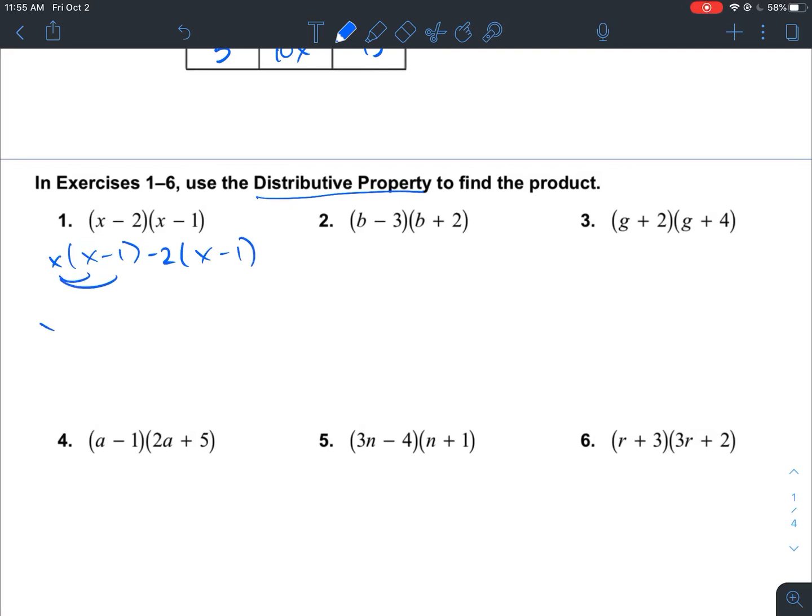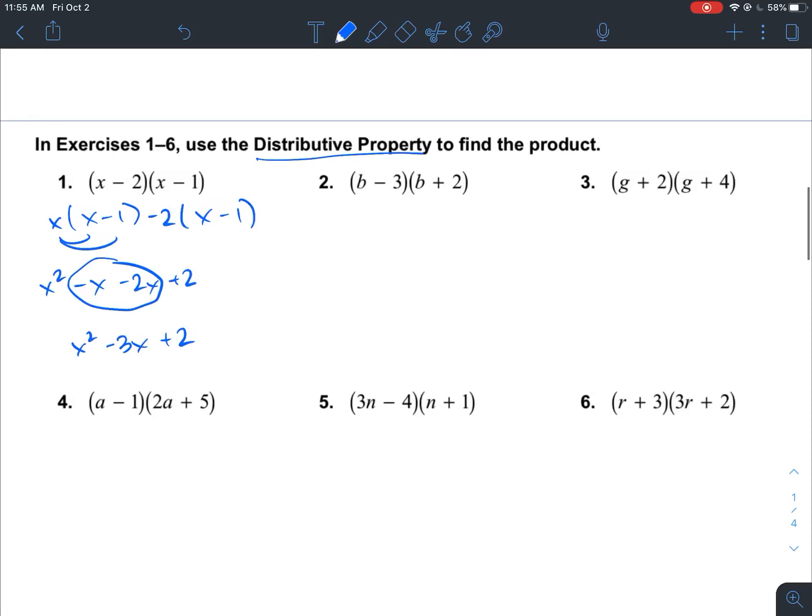So x times x is x squared, x times -1 is -x, -2 times x is -2x, and -2 times -1 is +2. Combine your middle terms, that's x squared minus 3x plus 2. Okay? So try exercises 2 through 6, get some practice in. That's how you're going to get better, is through practice.